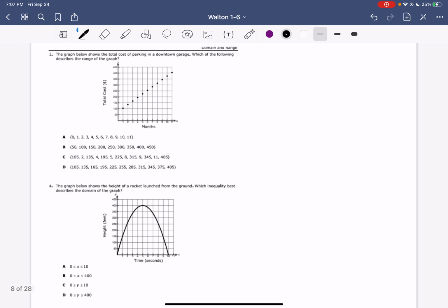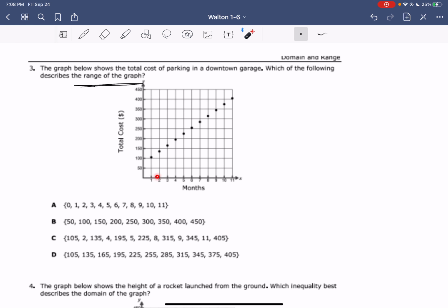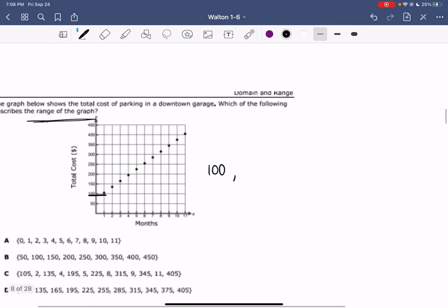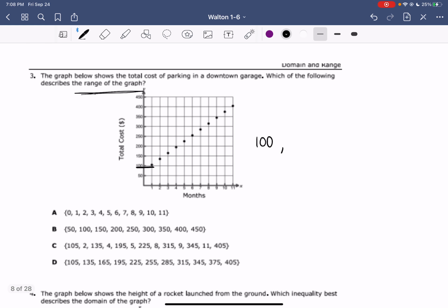All right, 3 and 4. So this one here is asking for range. So again, we're going from least to greatest. Our least y value is just above 100. So it looks like it's not right on the dot. And then our greatest value is right here, just above 400.